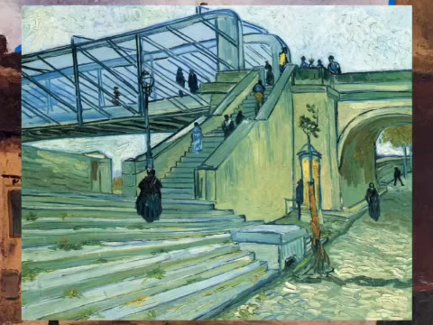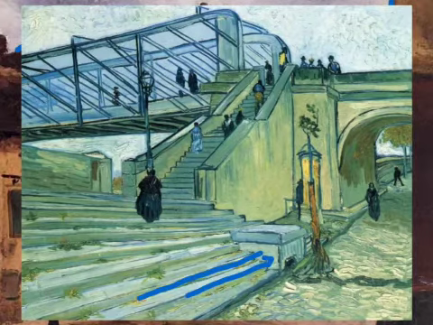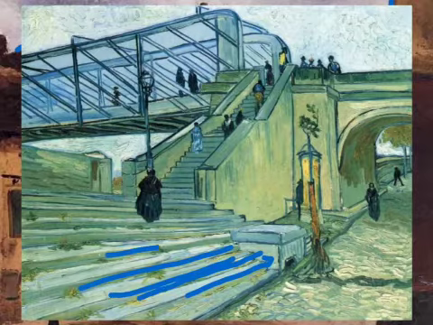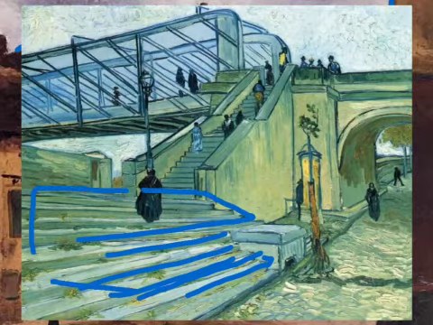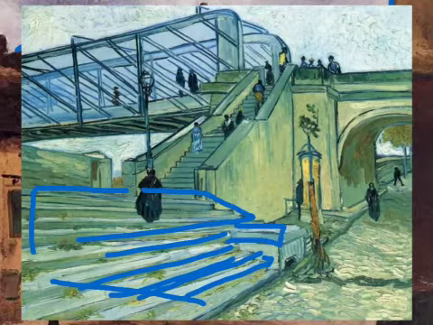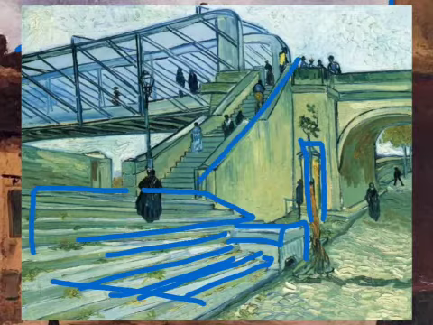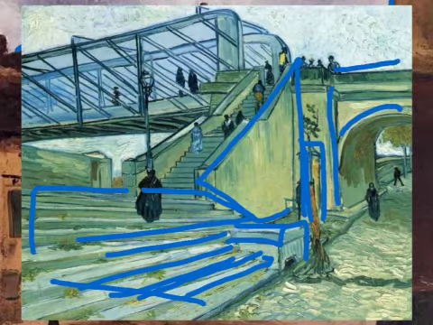Again, with Van Gogh, we see that the brush strokes become lines, and the lines become shapes. Everywhere, shapes. Everything is a shape.